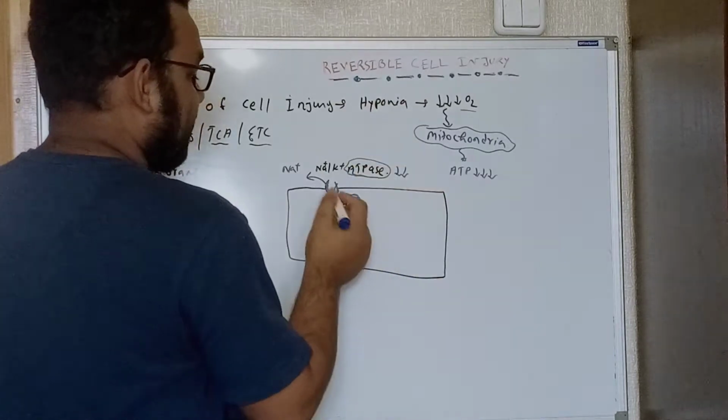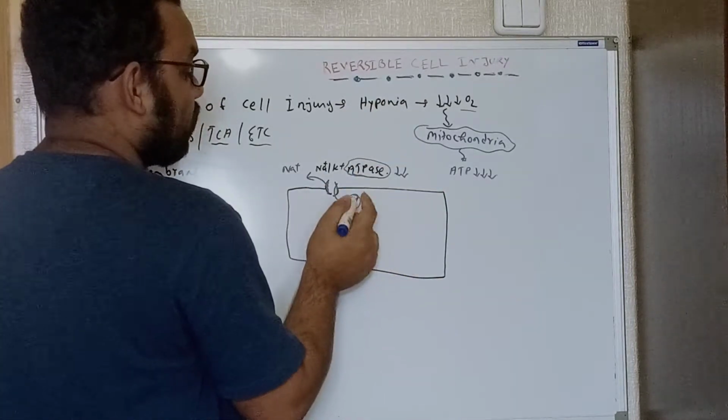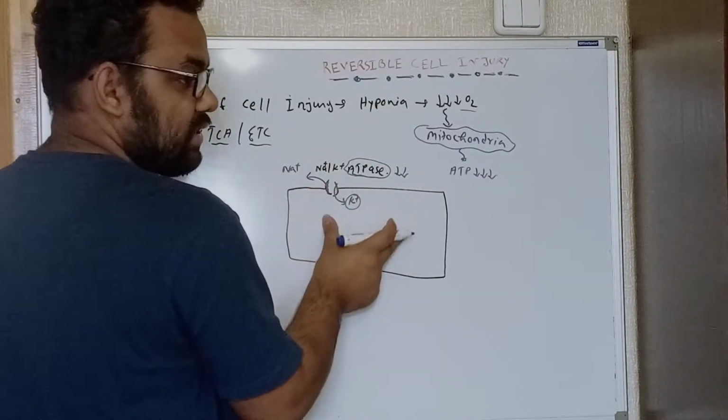Now think about this: whenever the ATP is less, the cell is not able to throw sodium from inside to outside.